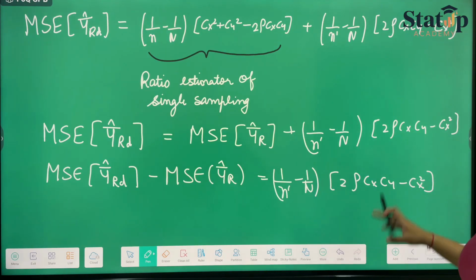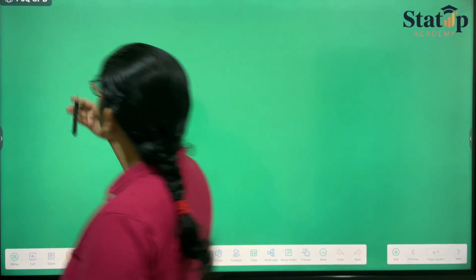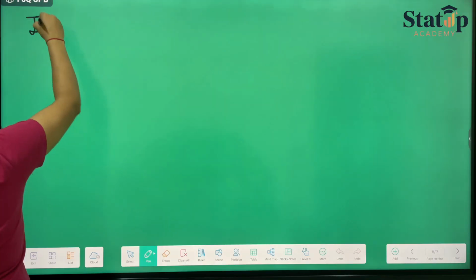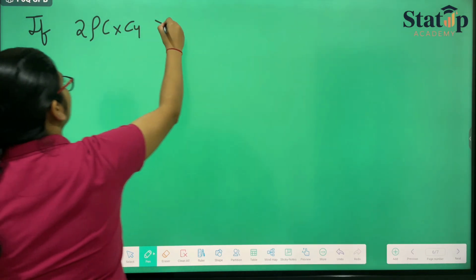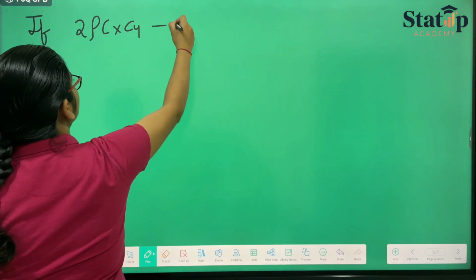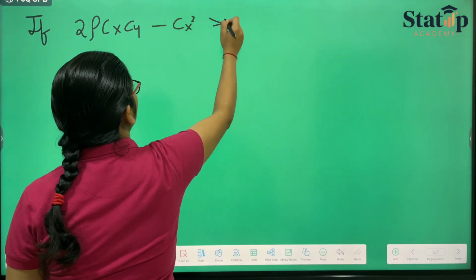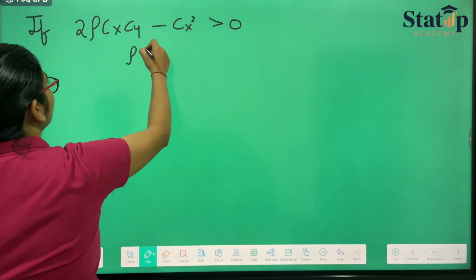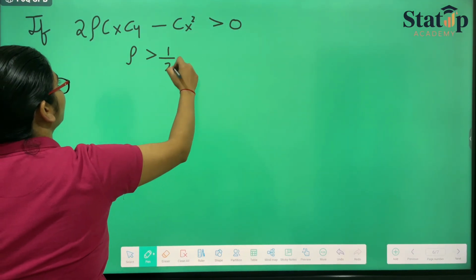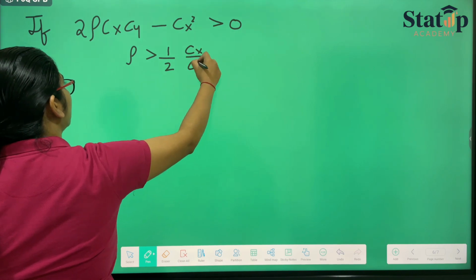Right? So if this is greater than 0, if 2 rho Cx Cy minus Cx square is greater than 0, then we will say that rho is greater than 1 upon 2 Cx upon Cy.